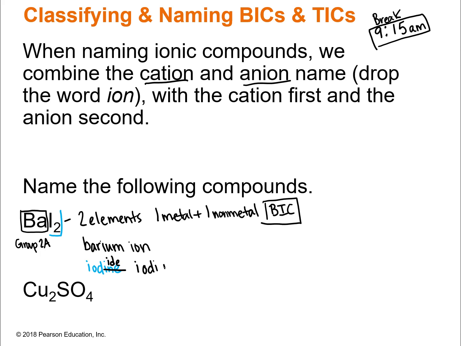So that becomes iodide ion. So we've named our two ions. Now we have to smush them together. Barium iodide, because we get rid of the word ion when we're naming the whole compound.